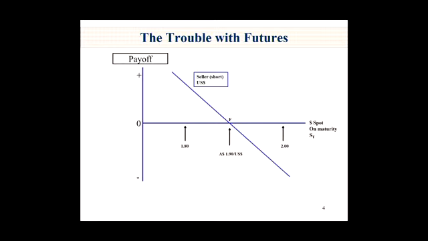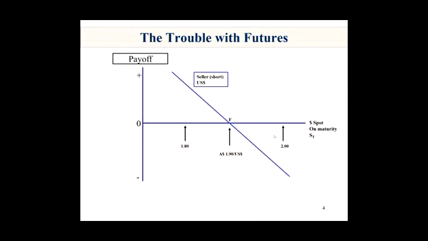If we were selling US dollars, or we had taken a short position, the idea is the same. We've locked in a rate of $1.90 per US dollar. With a short position, if the spot rate turns out to be less than the agreed upon futures rate, we end up better off. We're going to receive $1.90 for each US dollar, whereas on the spot market we would have only received $1.80.